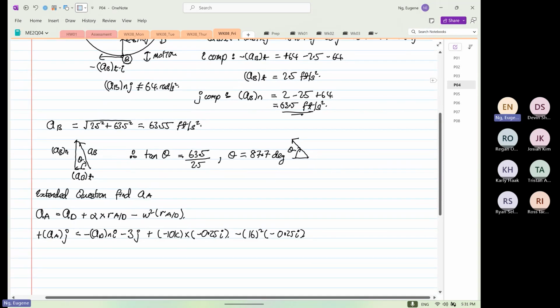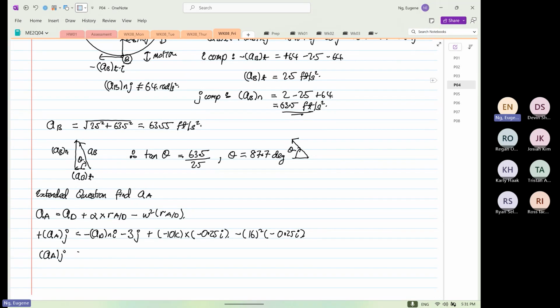So this is minus 3 J minus 64 I... wait, K cross I is positive, so this is going to be J also. So 10 multiplied by 0.25 is 2.5, so 2.5 J.